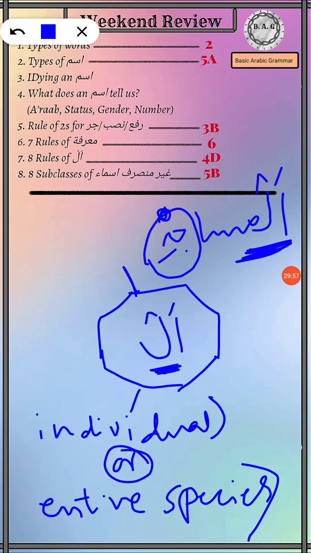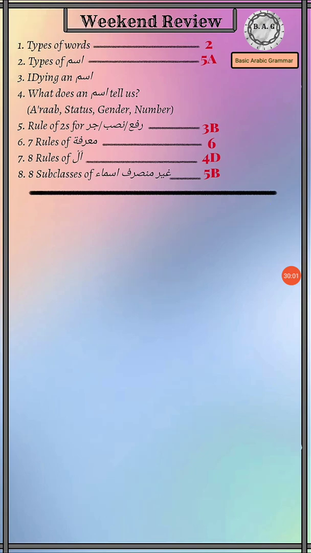All right, so these were the 8 rules that we need to take care of whenever we are using al with the munsarif and the ghair munsarif asma. And that's how we can sum up this review, because we have covered all the points that we discussed in the previous week.